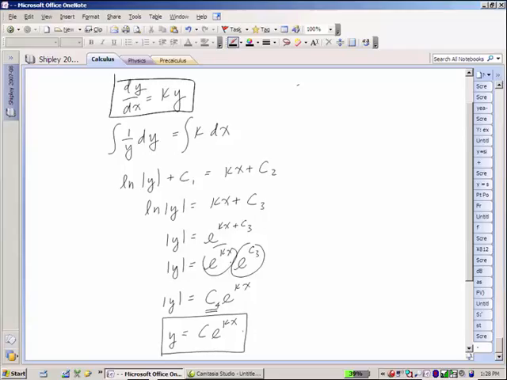Exponential growth. So when you think about what we said about the differential equation, something that grows at a rate that's proportional to the amount that's present, that's exactly what the exponential equation says. The bigger it is, the faster it grows. It totally makes sense. That's nice, right?